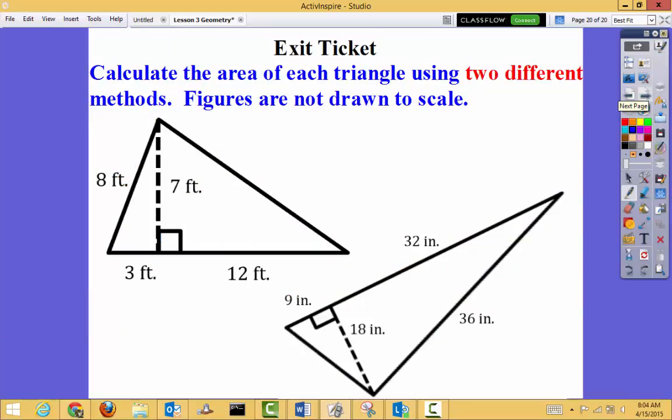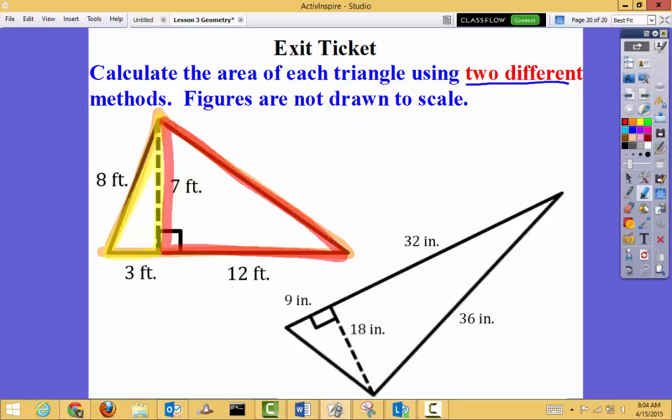Alright, here's your exit ticket. Calculate the area of each triangle using two different methods. Figures are not drawn to scale. Okay, so you need to find the area of the whole entire triangle using two different methods. So method 1 is using two triangles, triangle 1 and triangle 2, and adding them together.